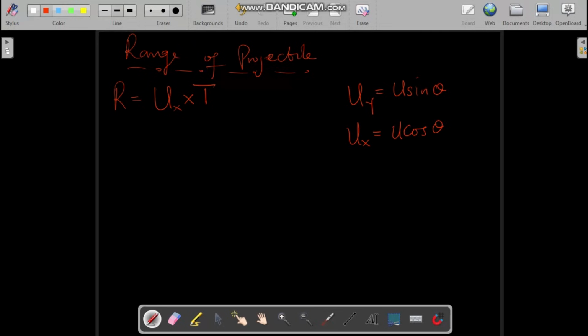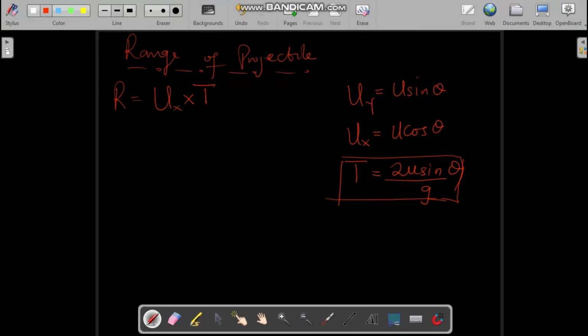Don't forget, time of flight t is equal to 2u sine theta over g. Time of flight is the time it takes an object to return back to the same level to which it has been projected, if you are projecting a body from the ground level.